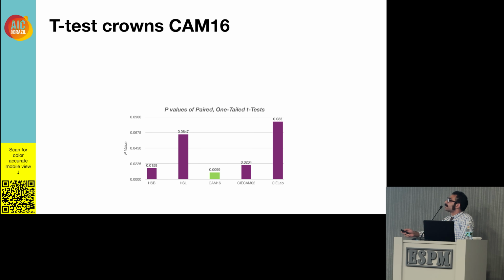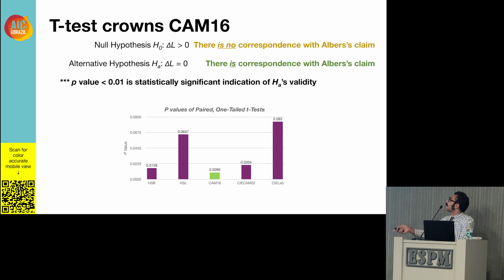But when we actually do some t-tests, the t-test done in this case was a set of paired one-tailed t-tests, with each system compared against a column of zeros.